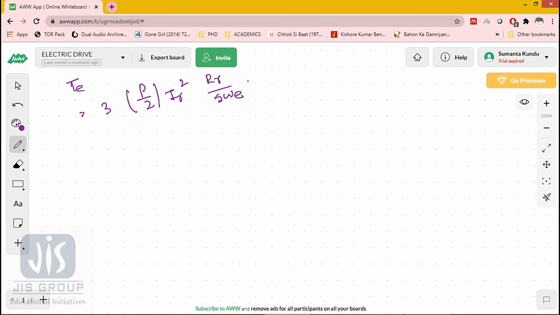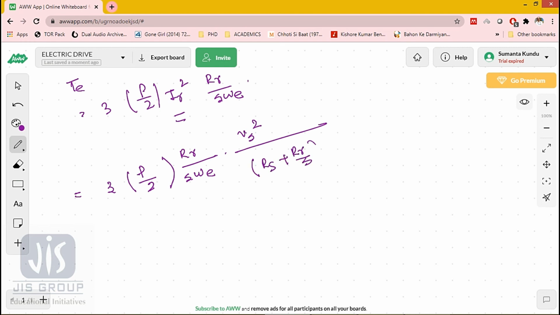So we will put the value of IR square here, and it will become 3 into P by 2 Rr by S omega e into Vs square by Rs plus Rr by S whole square, because for IR square the root term will not be there, so plus omega e square into the inductance Lls plus Llr. So this is my torque equation.